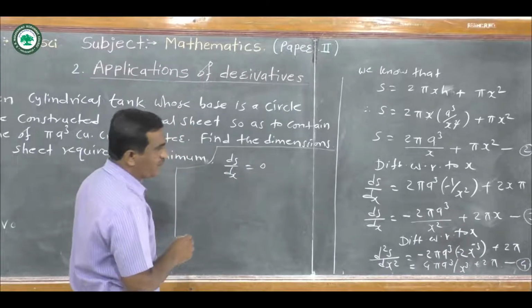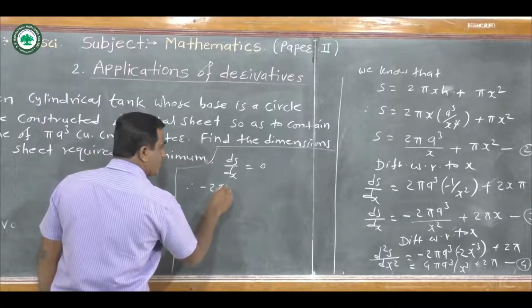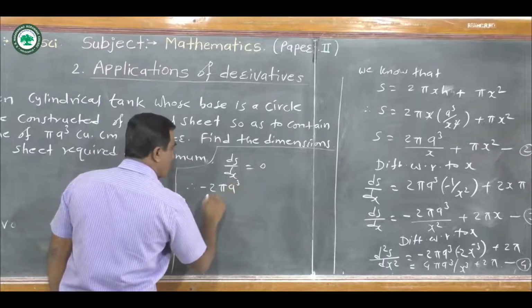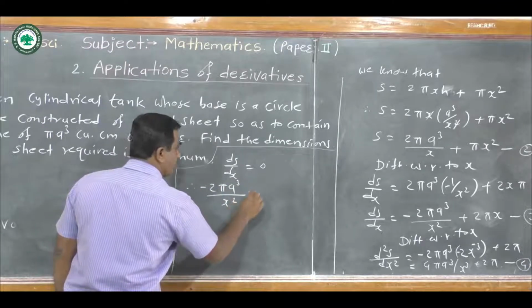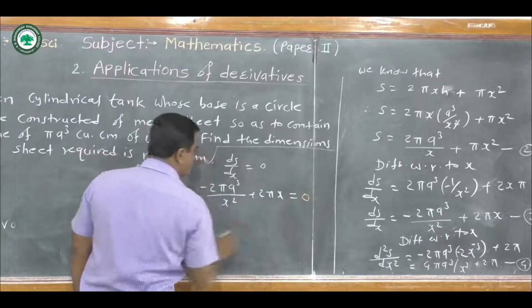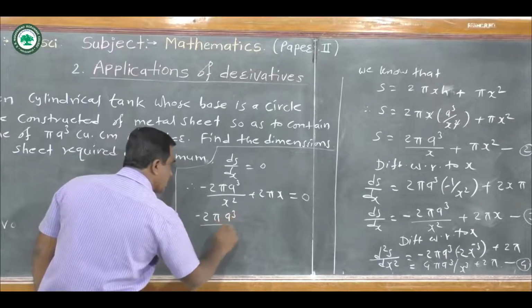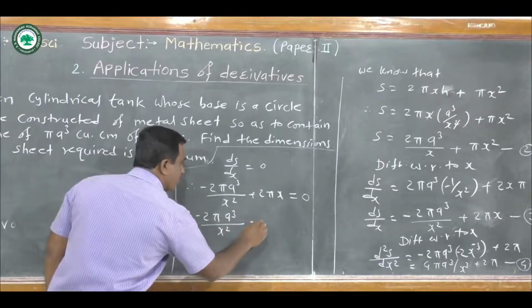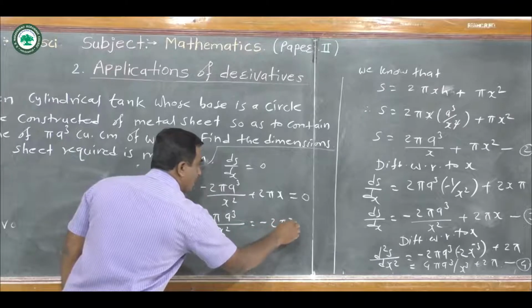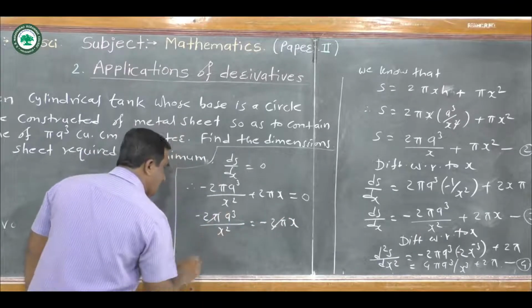Put this value in equation third. Therefore, we can write minus 2 pi a cube upon x square plus 2 pi x is equal to 0. That is minus 2 pi a cube upon x square is equal to minus 2 pi x. Now here 2 pi gets cancelled. Minus sign also cancels out.